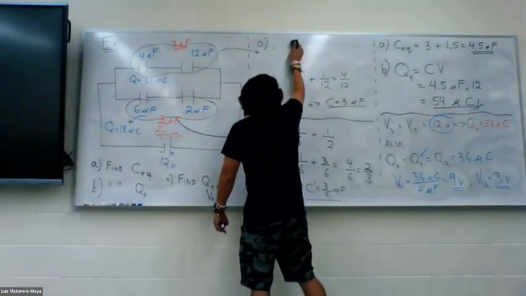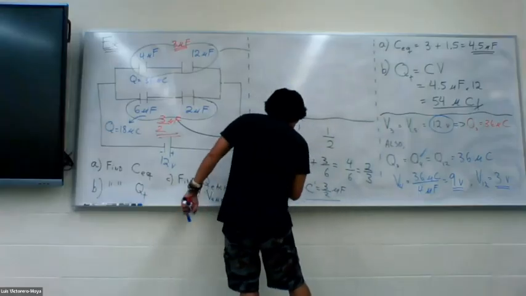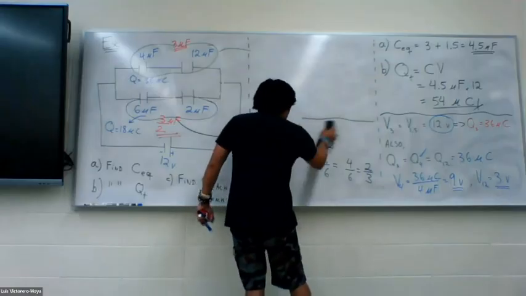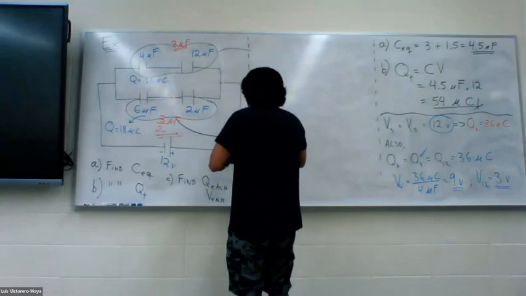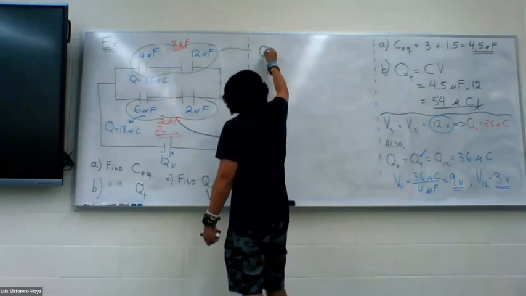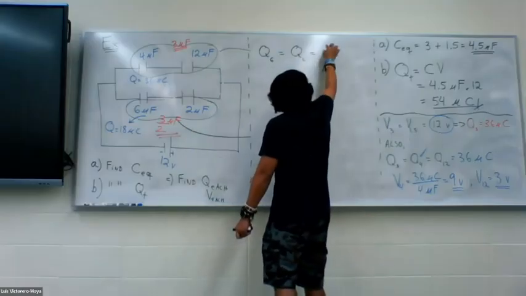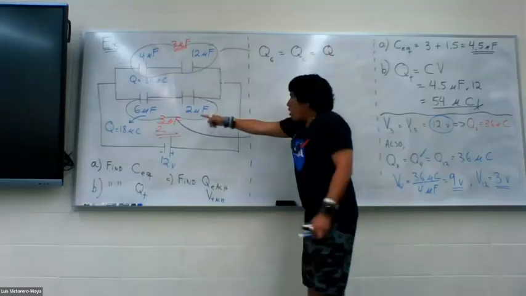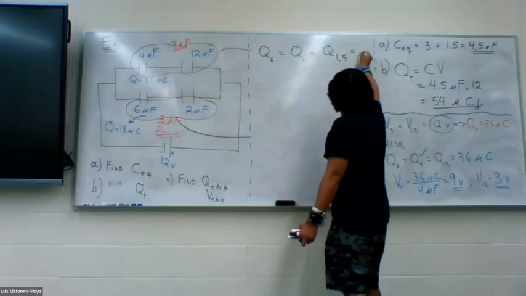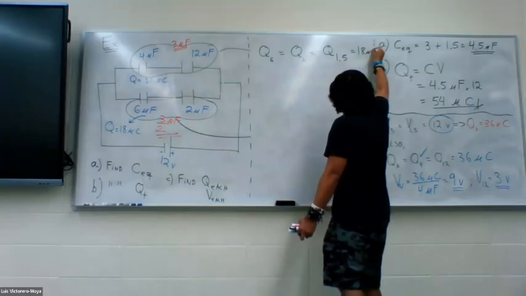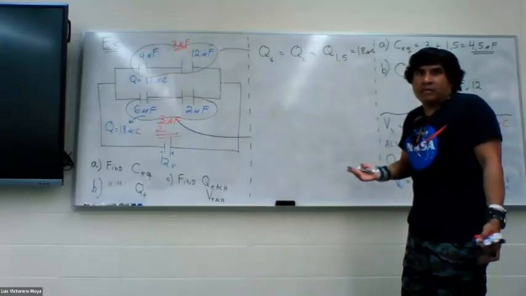Let's erase this. So the charge on 6 is equal to the charge on 2, which is equal to the charge on 3 halves, which is 1.5. And what's that? 18 microcoulombs. So you basically split the charge already, if you think about it.